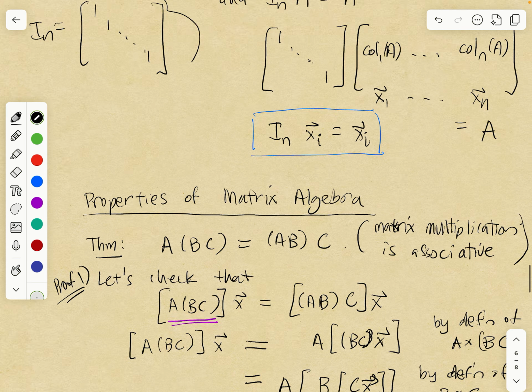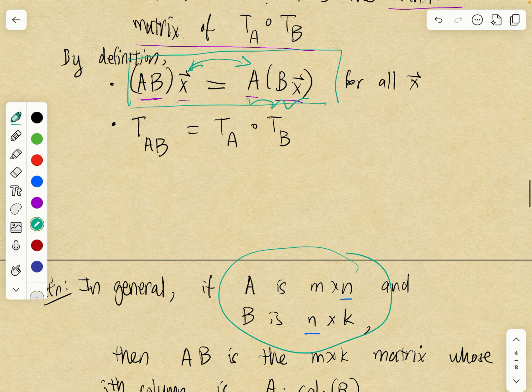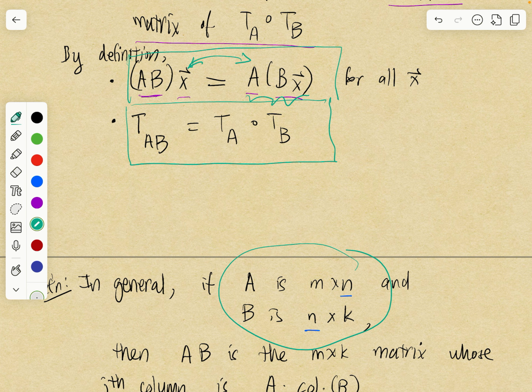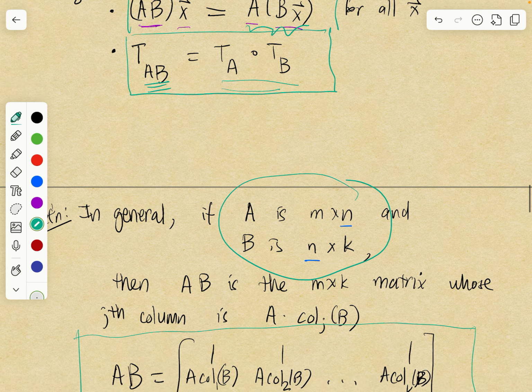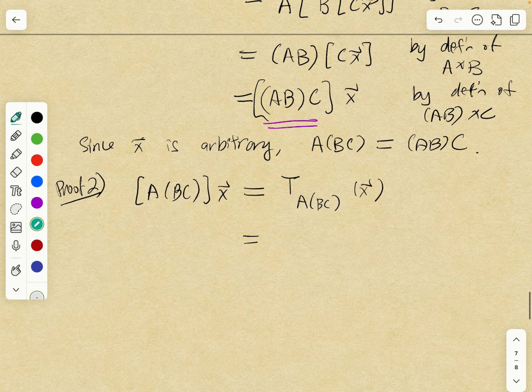And so I can apply that fact that we have, when you have a product of two matrices, the transformation corresponds to the transformation that's the composition of these two. So if you apply that to here, I have this matrix times that matrix.